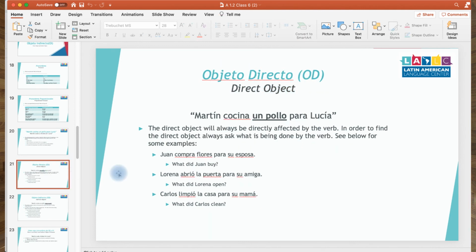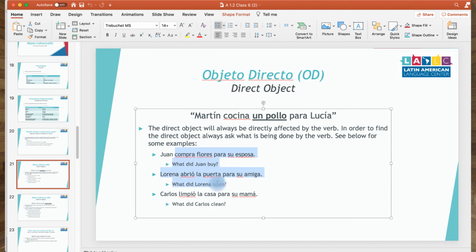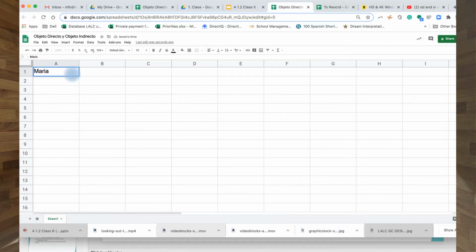So don't worry, we're going to do an exercise together. Now I'm going to show you one example. So let's go, like I always do, to our notes. We're going to do the objeto directo indirecto notes. This one is number one. So let's say María cocina un pollo para Juan.